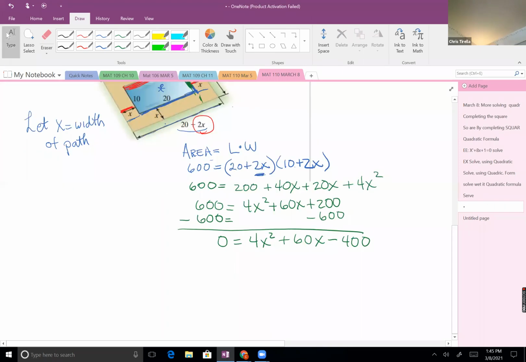Now we have some choices. We can use the quadratic formula. We can complete the square. It's not really in the form to use the square root property, but we could also factor. Does anybody have a preference? I'm looking at this one, and I think I would actually like to factor it.